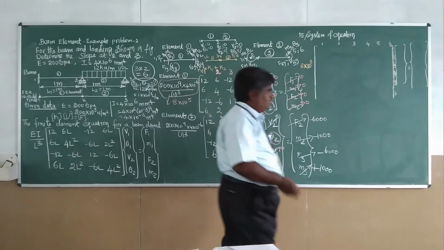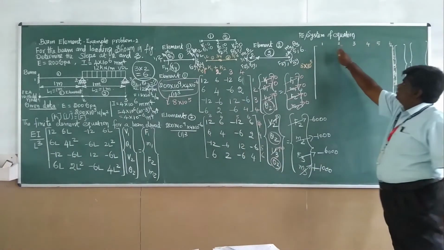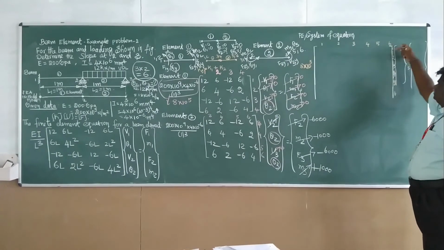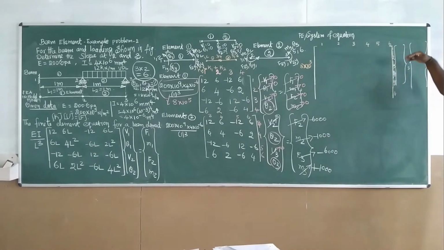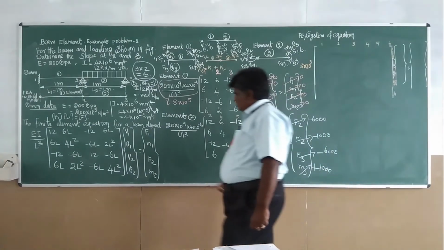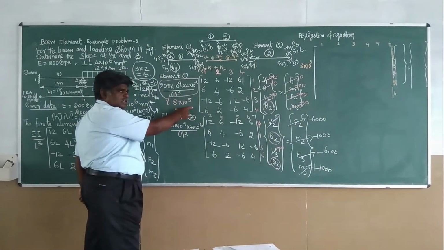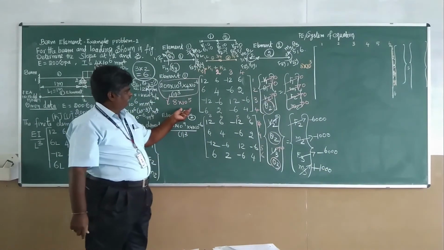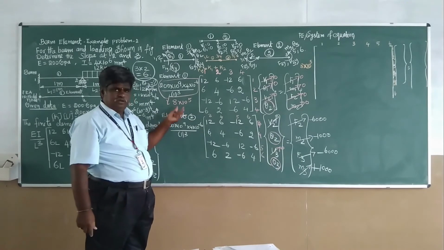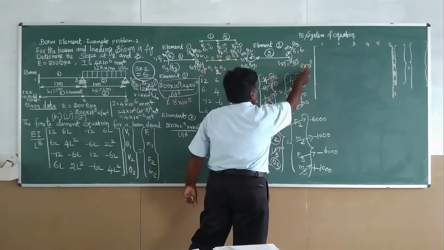You have to write down the numbers initially, for row and column. Don't forget to rewrite during the assembly of your system of equation. The constant value you have to rewrite, 8 into 10 power 5.